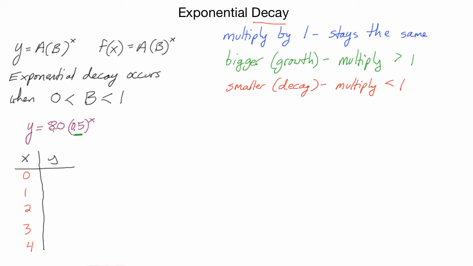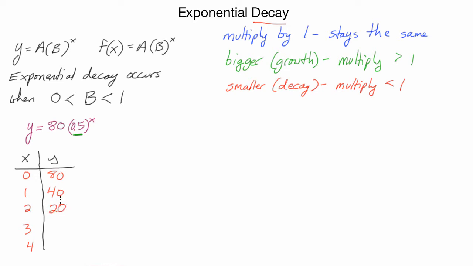All right, so 80, that's my starting number. And my y values, I take 80 and I multiply it by 0.5. If I do it to the 0th power, 0.5 to the 0th power is 1, so my starting value is just 80. We know that. Now, if I put 1 in for x, 80 times 0.5 is just going to give me 40. If I put 2 in, 80 times 0.5 to the second power is going to be 80 times 0.5 times 0.5, which gets me down to 20.